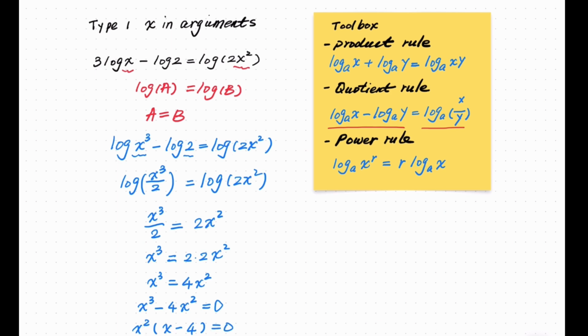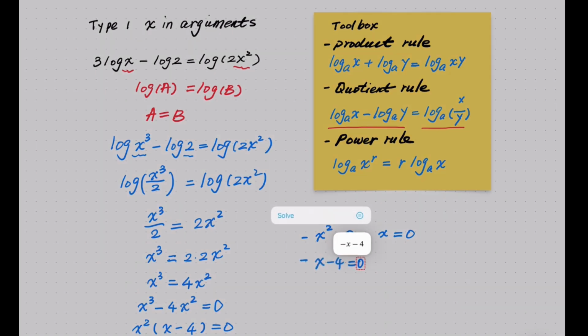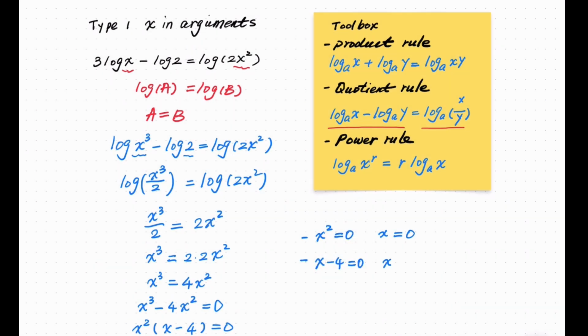This gives us two possible solutions. The first solution is x squared equals 0, which means x equals 0. Or the second solution is x minus 4 equals 0, which means x equals 4. All right, the last step, we need to check our solutions in the original equation.